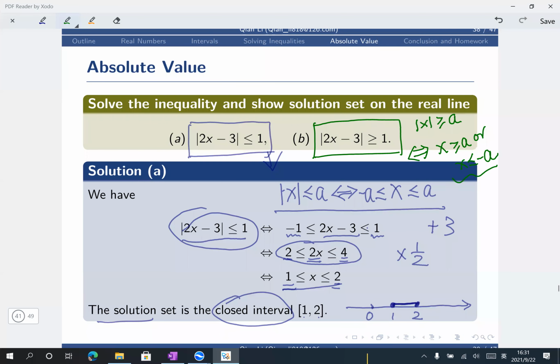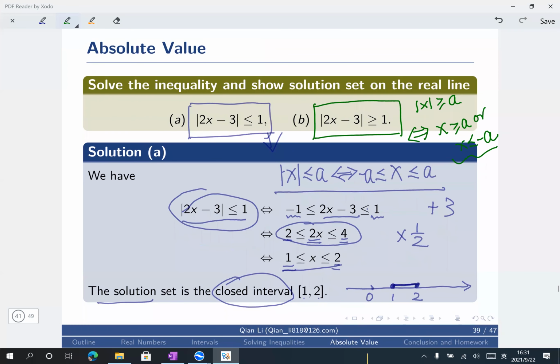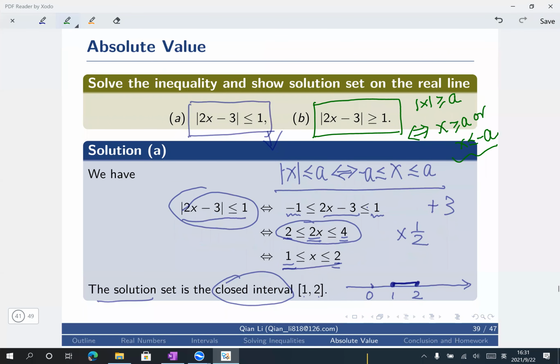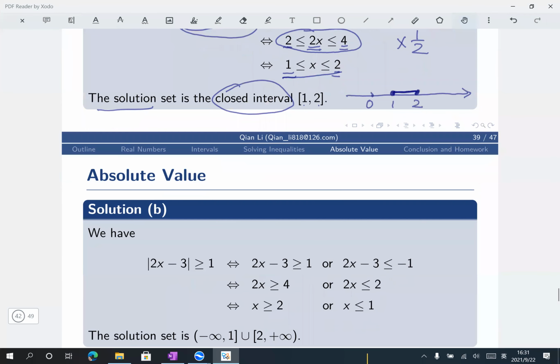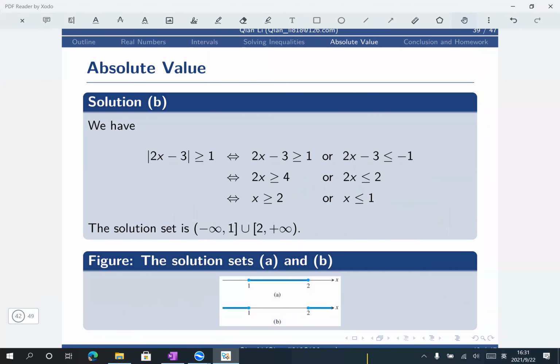With this property, we can solve the inequality. The absolute value of 2x minus 3 is larger than or equal to 1, if and only if 2x minus 3 is larger than or equal to 1, or 2x minus 3 is smaller than or equal to negative 1, right?